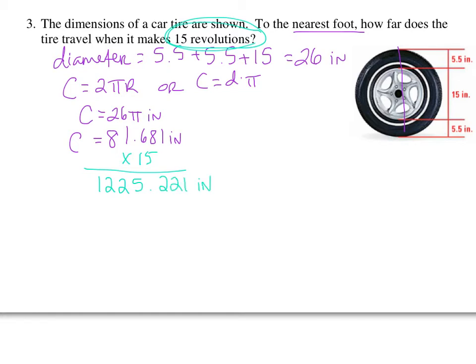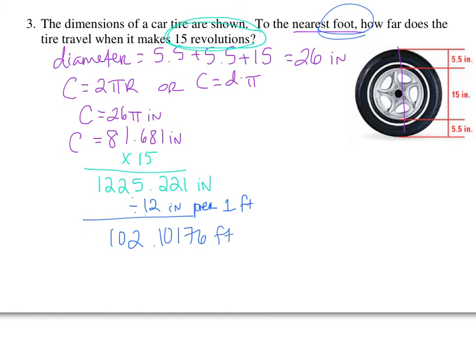Now if we want to change it into feet, we need to divide it by our 12 inches per 1 foot. So when I divide that by 12, I get 102.10176 feet, but it is the nearest foot, so we're going to say 102 feet is how far our tire would go in 15 revolutions.